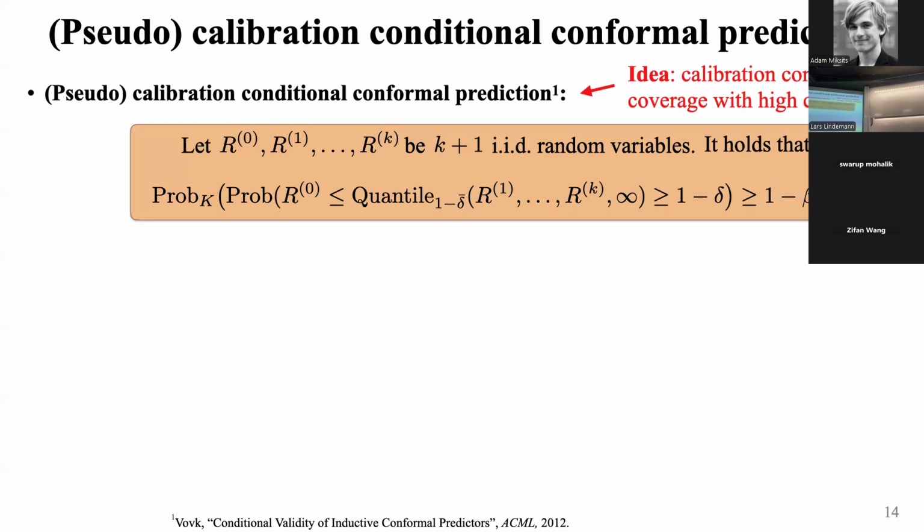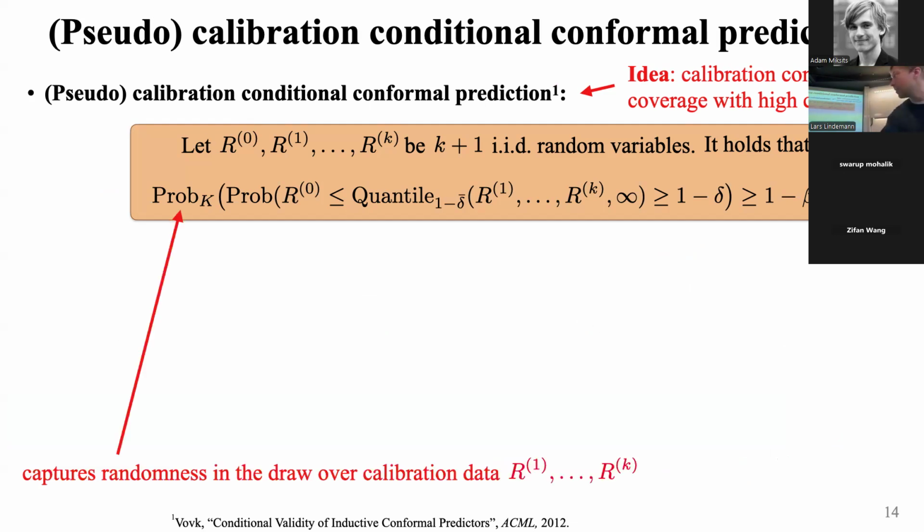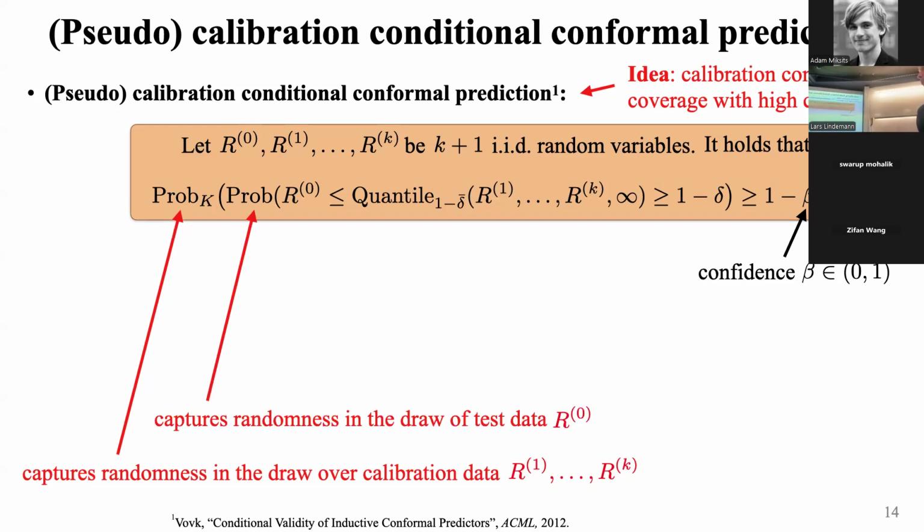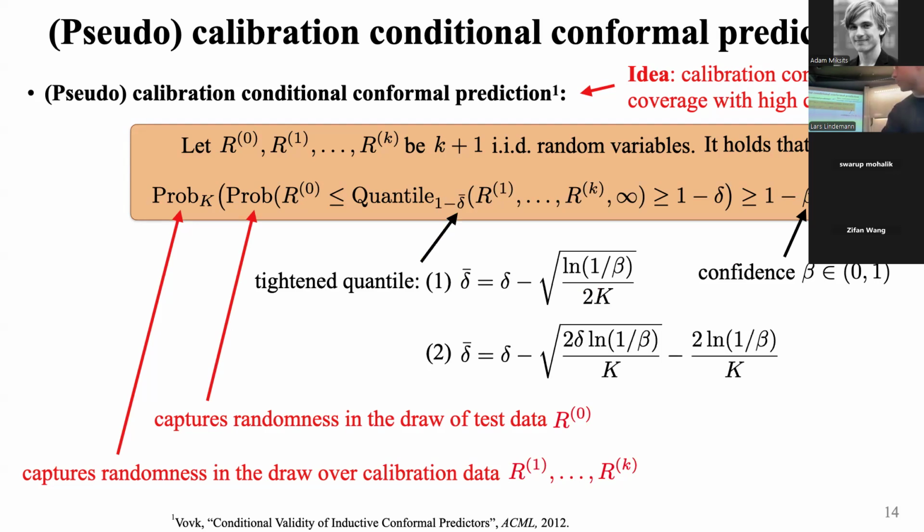You get these double probability statements where you have an outer probability over the randomness in the draw over your calibration data R1 to Rk that holds with 1 minus beta confidence. You could pick beta again. And the inner probability only captures the randomness in the draw of your test data point, okay? But here we're not picking the 1 minus delta quantile, we're picking the 1 minus delta bar quantile, where delta bar is a tightened quantile, okay?